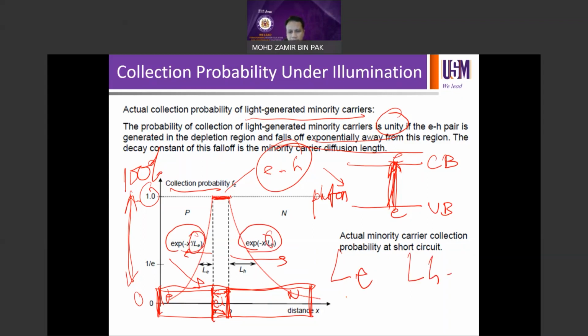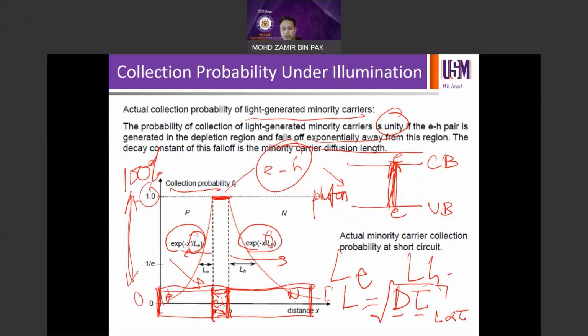And this is also related to the previous equation that we learned in recombination, where your L is equal to square root of D tau, right? Diffusivity times carrier lifetime.